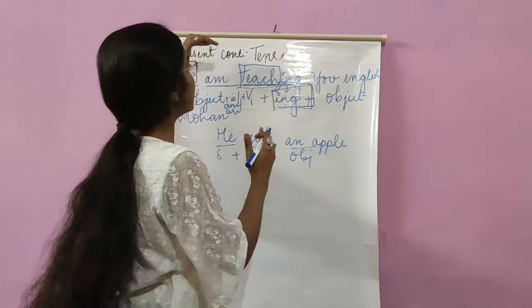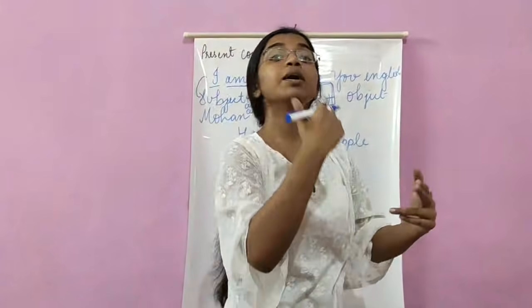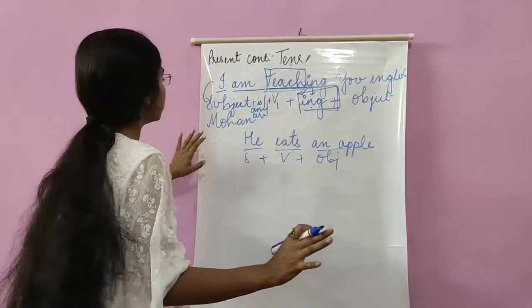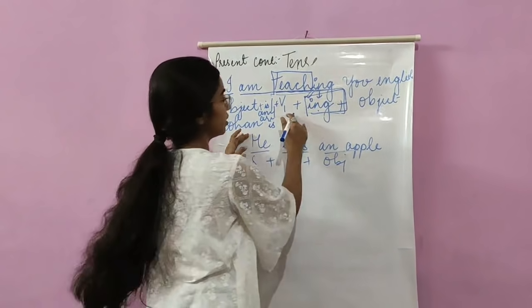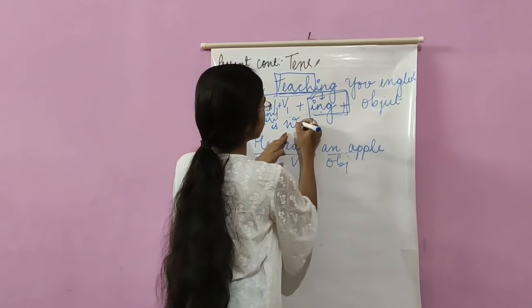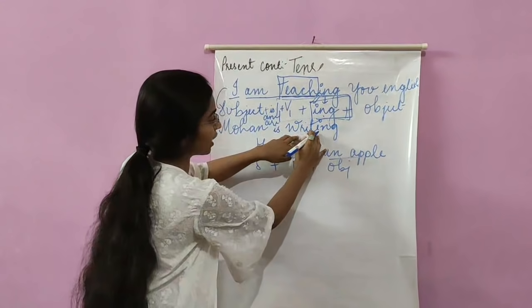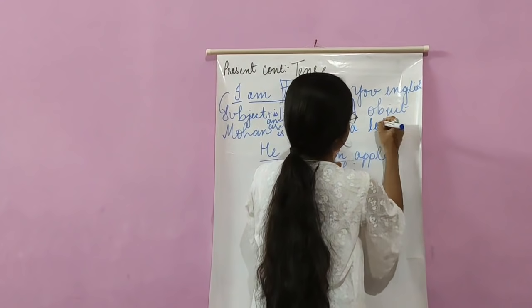Since it is present continuous, I am using is, am, are. If it becomes past continuous, we will be using was or were. Okay. So Mohan is writing. Now the base form is write plus ing, writing a letter.